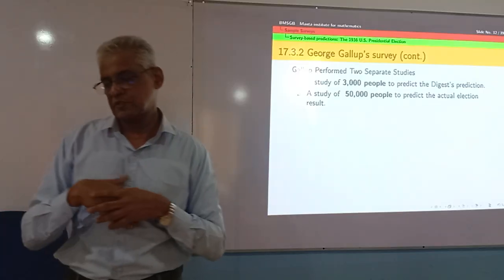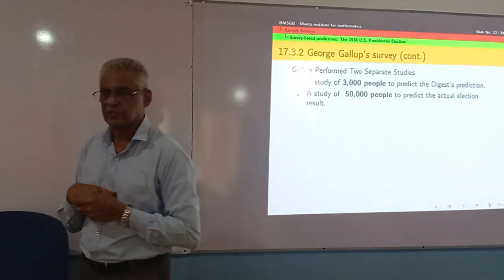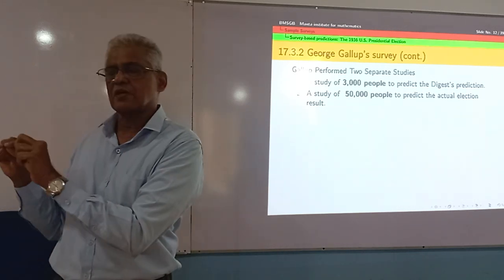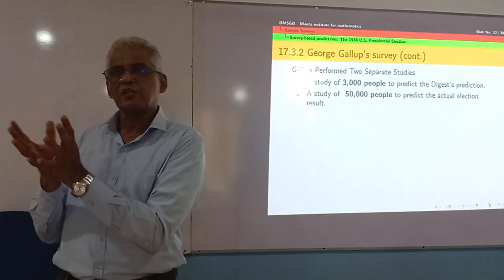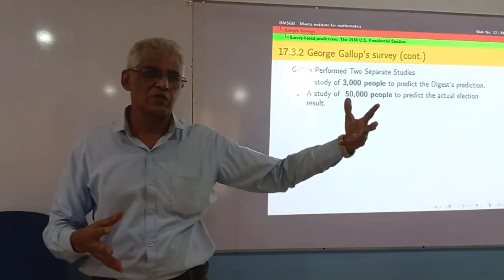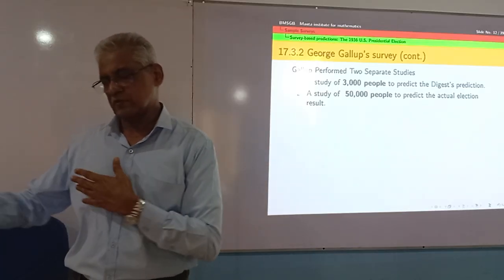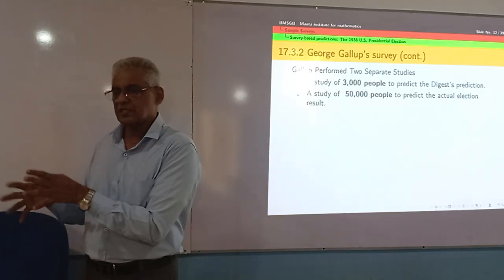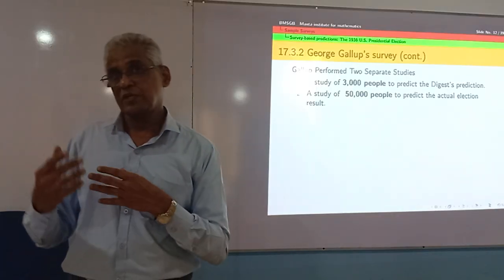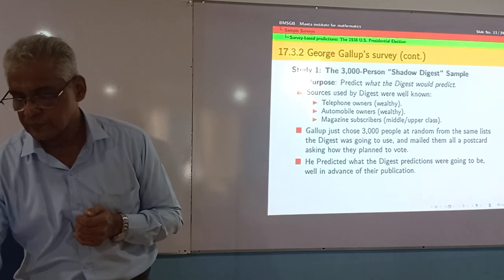This person sent only to 3,000 people, but the selection was random. Because of this, his 3,000 sample was very representative of those lists, almost like a population. So using that, he predicted the Literary Digest's prediction, and it was very close.